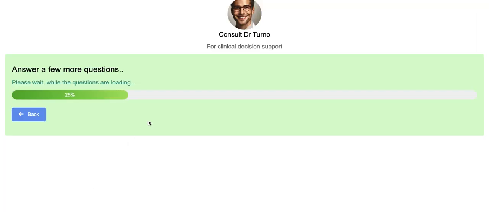So this will now load the important questions and the examinations to perform. The main key difference with the TORI model is that this TURNO model is actually for the doctors. So it will ask the questions which are more for the doctors. There will be some questions where it might ask the doctors to actually perform some clinical examination and then put the findings.